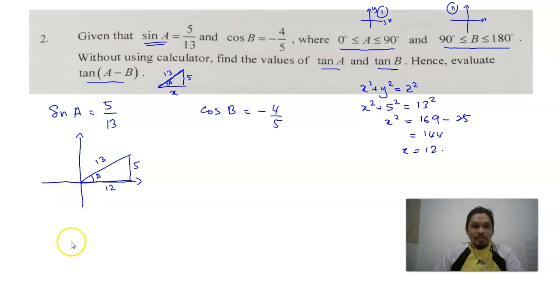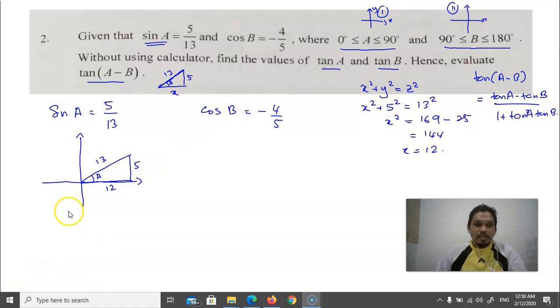I don't think so, because it's stated in the question to find the values of tangent A, tangent B, and then evaluate tangent A minus B. So tangent A minus B equal to tangent A minus tangent B divided by 1 plus tangent A tangent B. Okay.